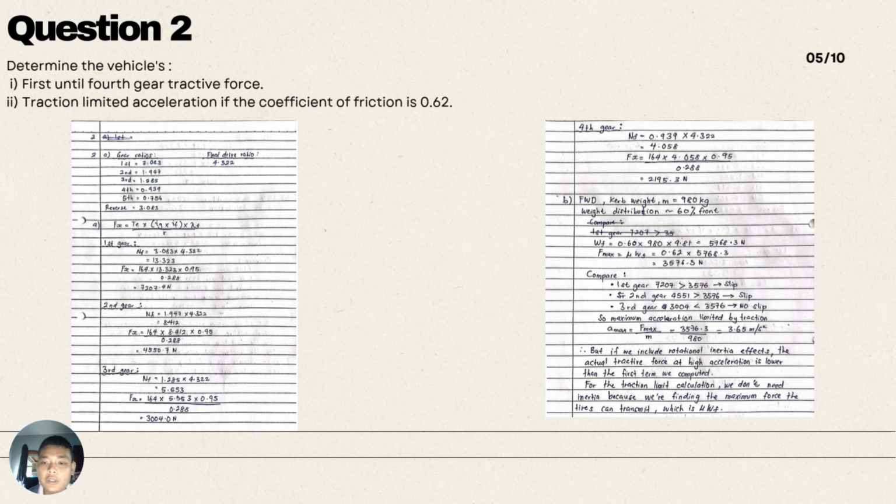But if we include a rotational inertia effect, the actual tractive force at high acceleration is lower than the first term we computed. For the traction limit calculation, we don't need inertia because we are finding the maximum force the tires can transmit, which is this.